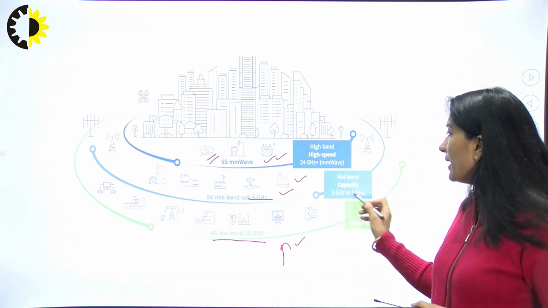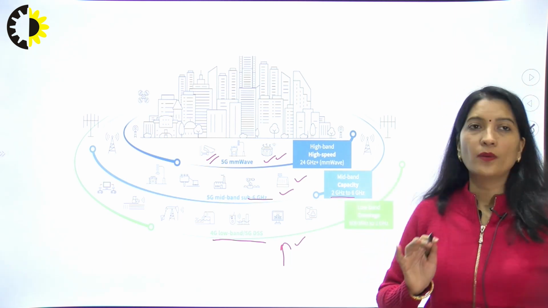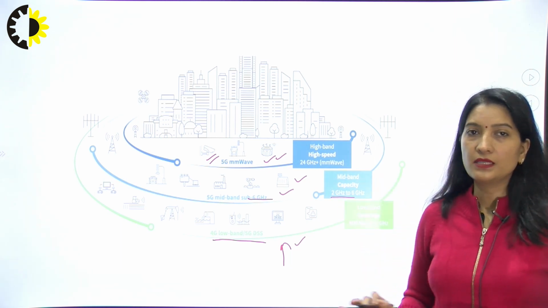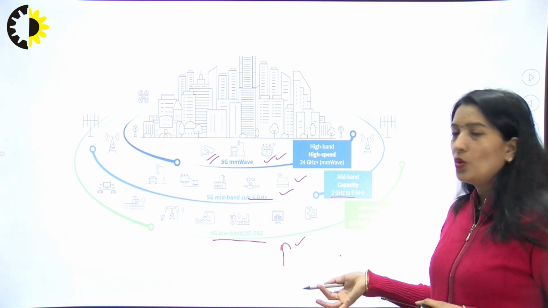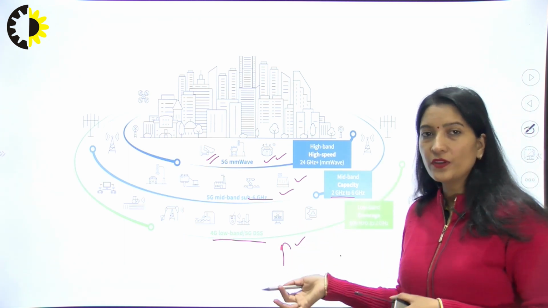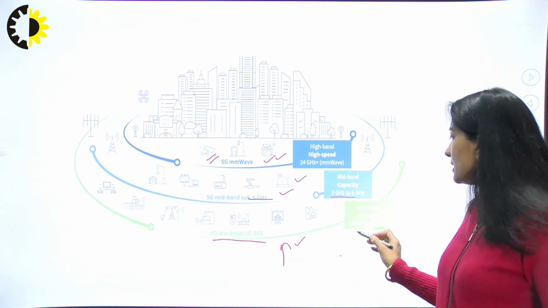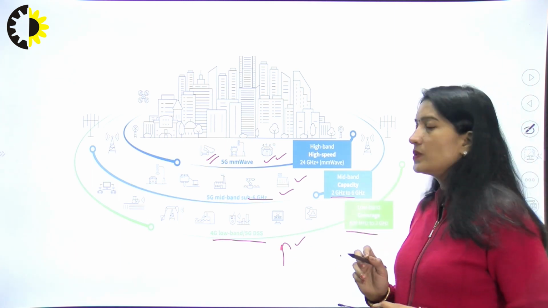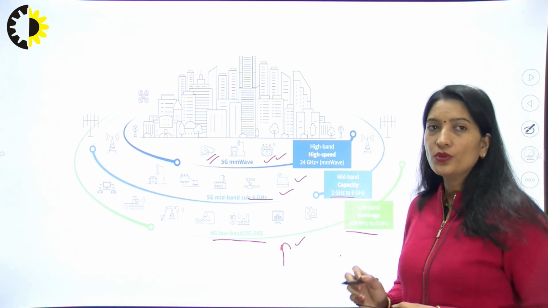The mid band uses a frequency range from 2 gigahertz to 6 gigahertz, and the low band, or low coverage fourth generation plus fifth generation DSS, uses a frequency range from 600 megahertz to 2 gigahertz.